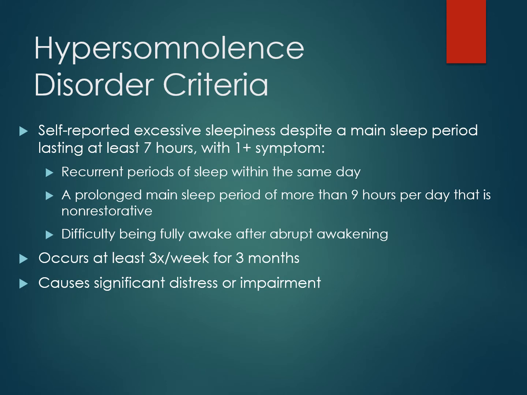Hypersomnolence disorder is diagnosed when the person feels extremely tired throughout the day, similarly to insomnia, but despite the fact that they actually got an adequate amount of sleep, specifically at least 7 hours of sleep overnight.